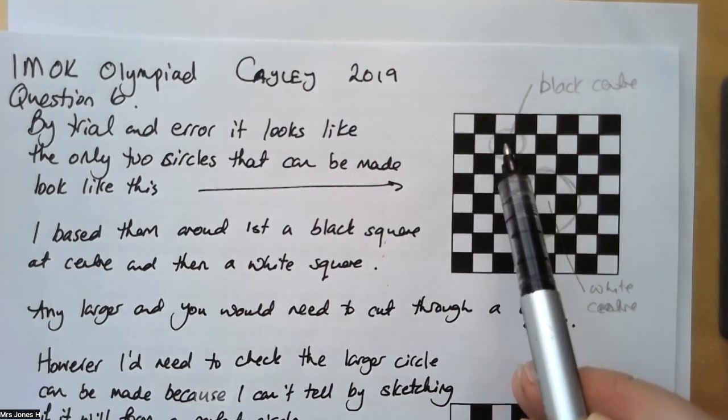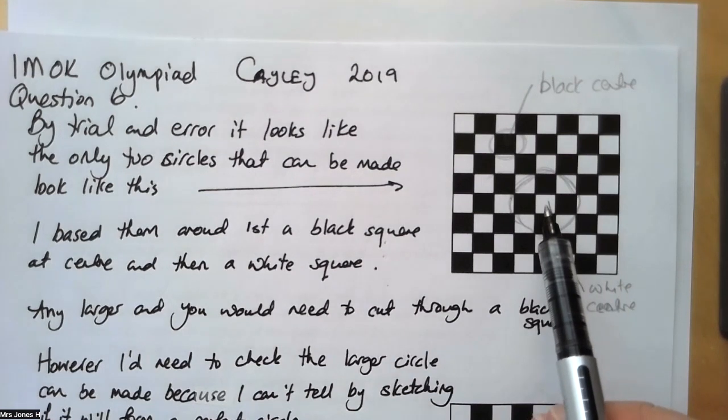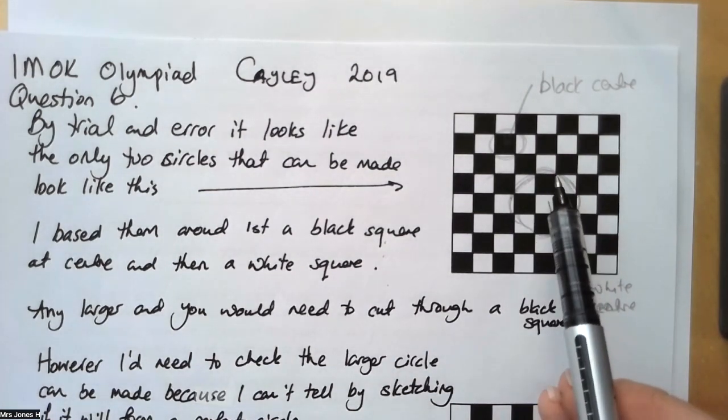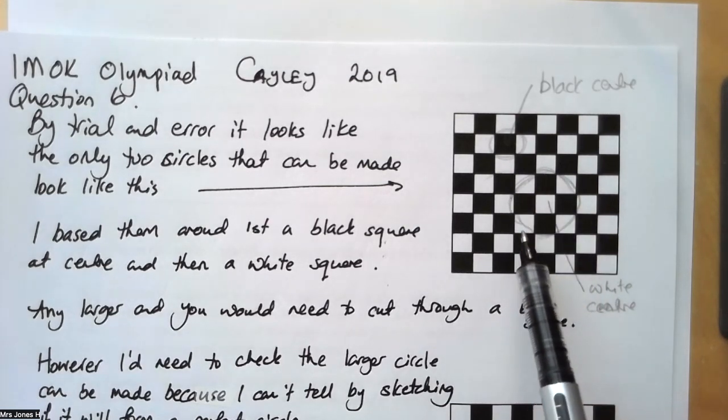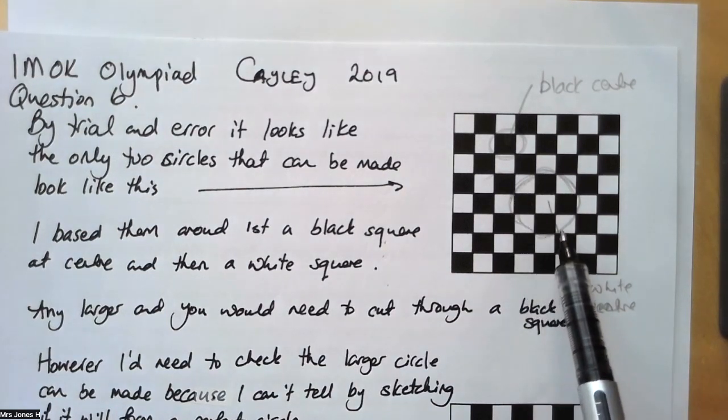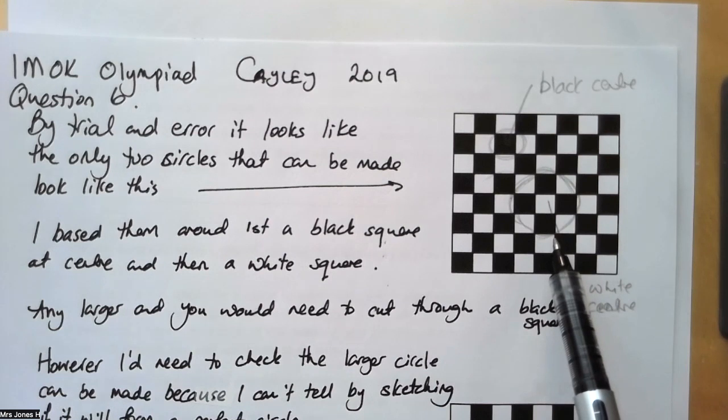If I now look at a white square, which will be the next size up, it does feel, though this is not an exact circle, like I would be able to draw a circle round here, and I'm going to investigate that.